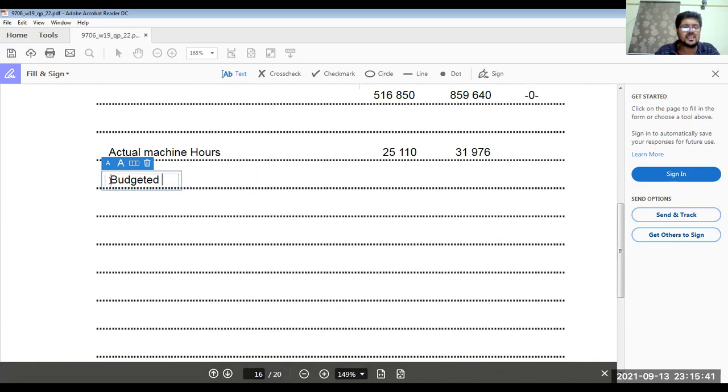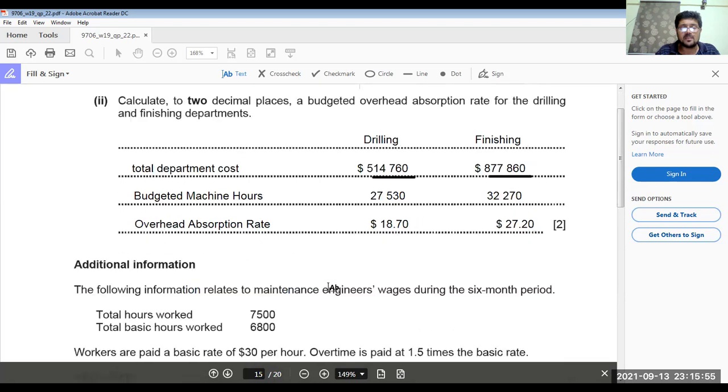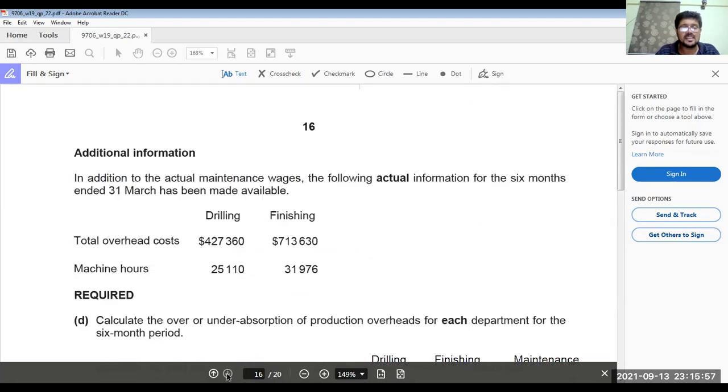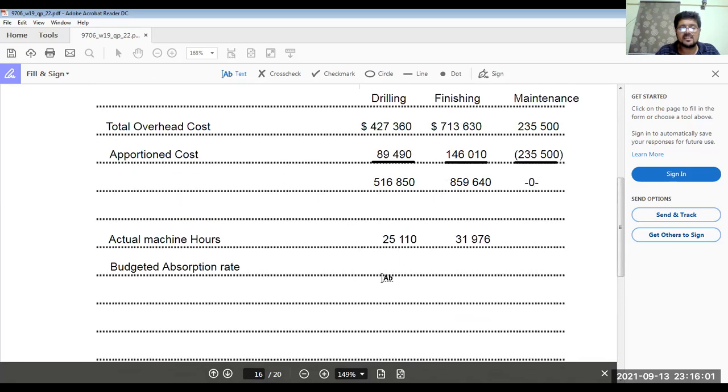Budgeted absorption rate. Absorption rate is what we have calculated earlier: 18.7 and 27.2.